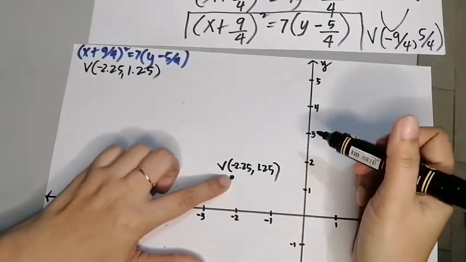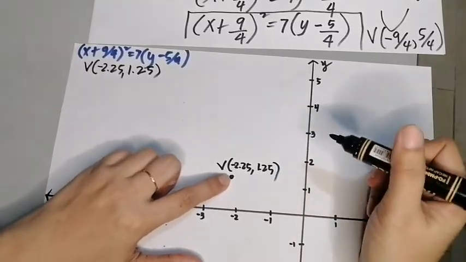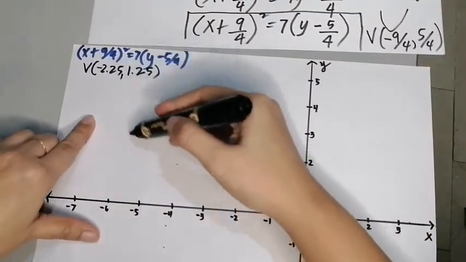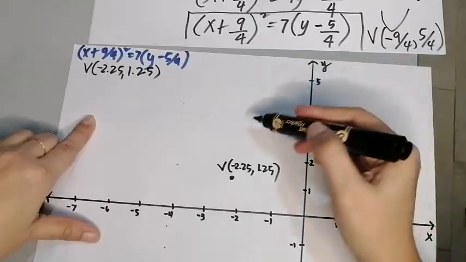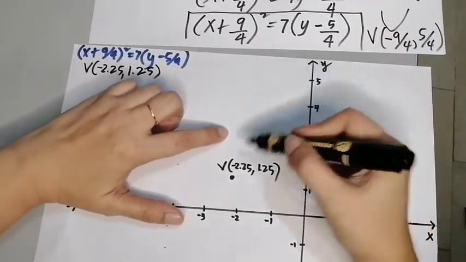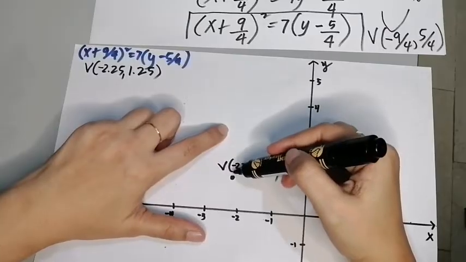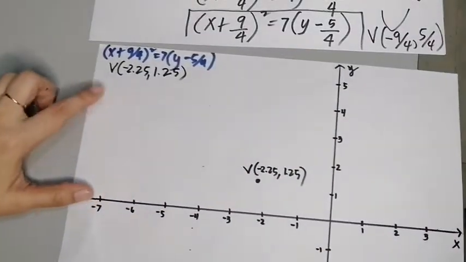Okay, so since the parabola opens upward, the focus would be a units above the vertex. So let's determine the value of a.